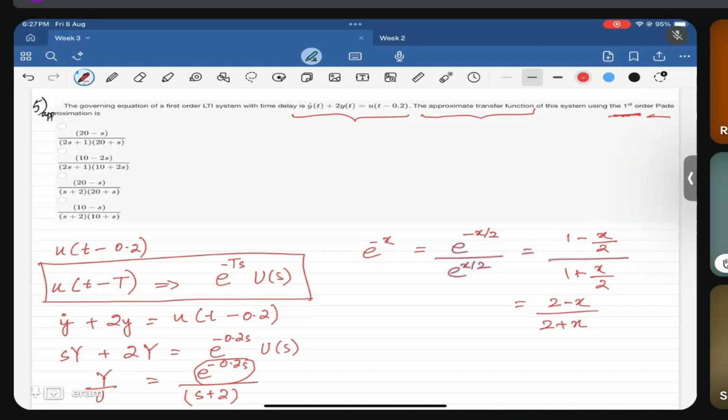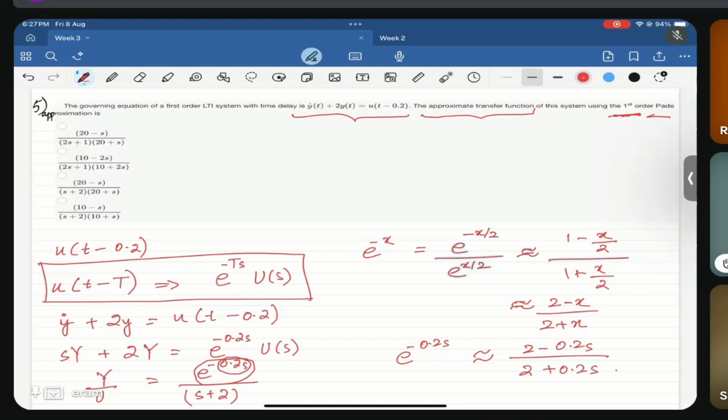So now in place of x we have 0.2s, right? So e to the power minus 0.2s can be approximated as, this is not equal to, this is the approximation, 2 minus 0.2s divided by 2 plus 0.2s, right?